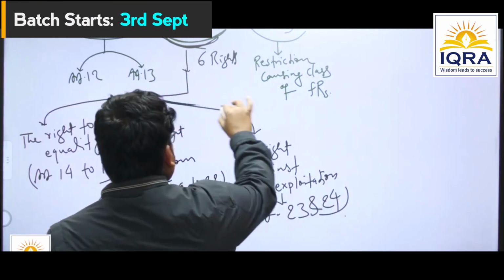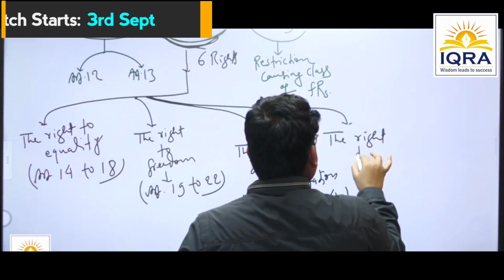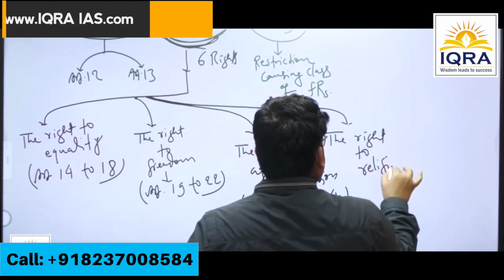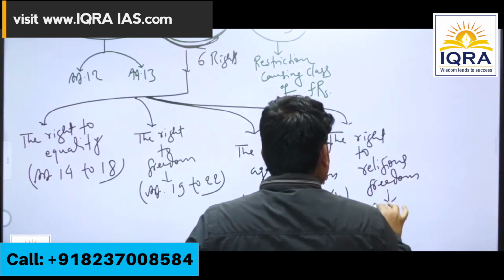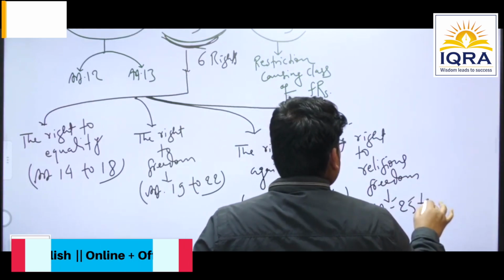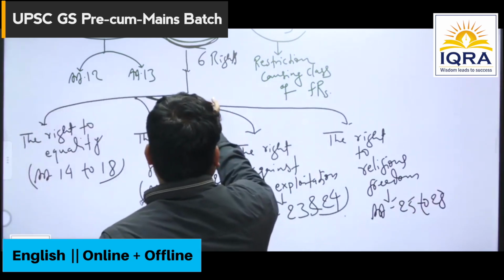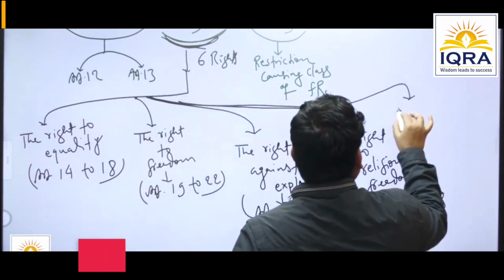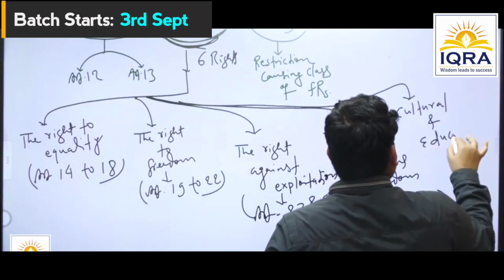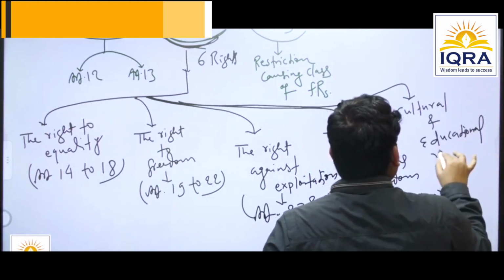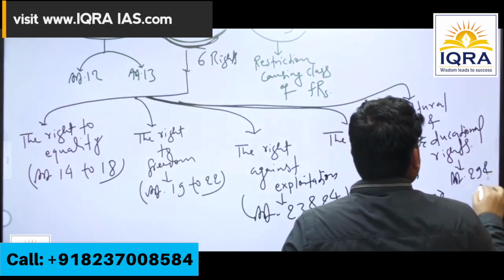Fourth fundamental right is the right to religious freedom, discussed across articles 25 to 28. Next one is cultural and educational rights, given under articles 29 and 30.